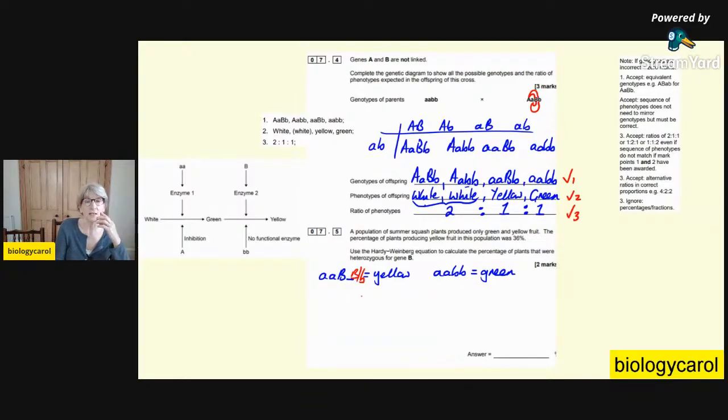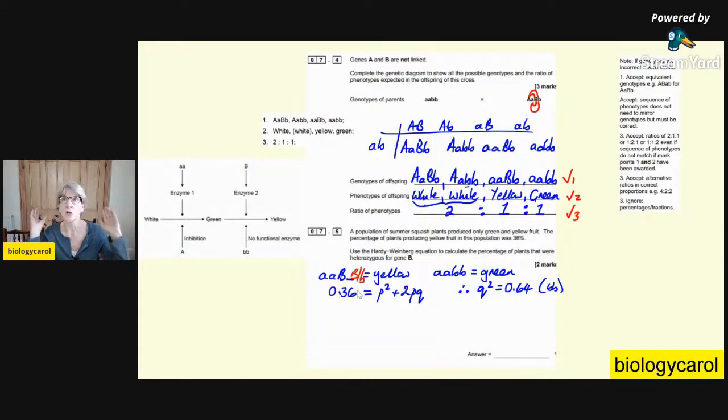Or this for green. So we're told that 36%, so as soon as you're told phenotypes, you are going to be using the longer Hardy-Weinberg equation, because p squared plus 2pq plus q squared equals 1 is referring to genotypes, therefore phenotypes.